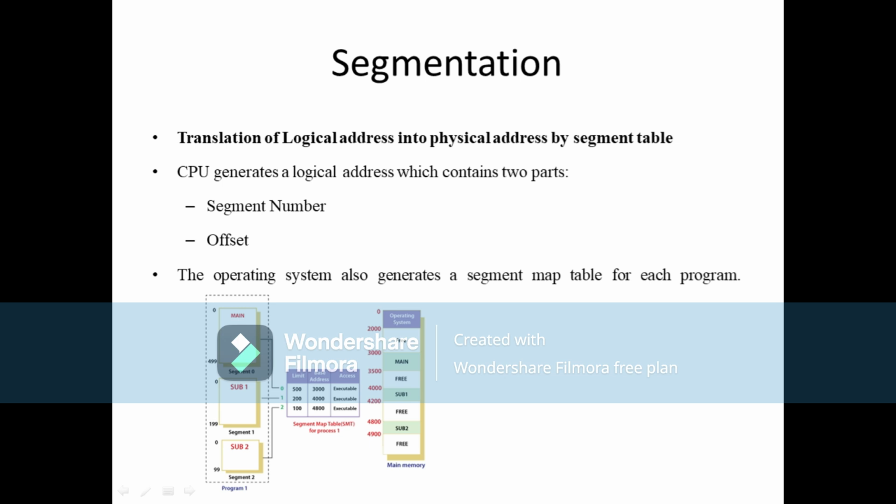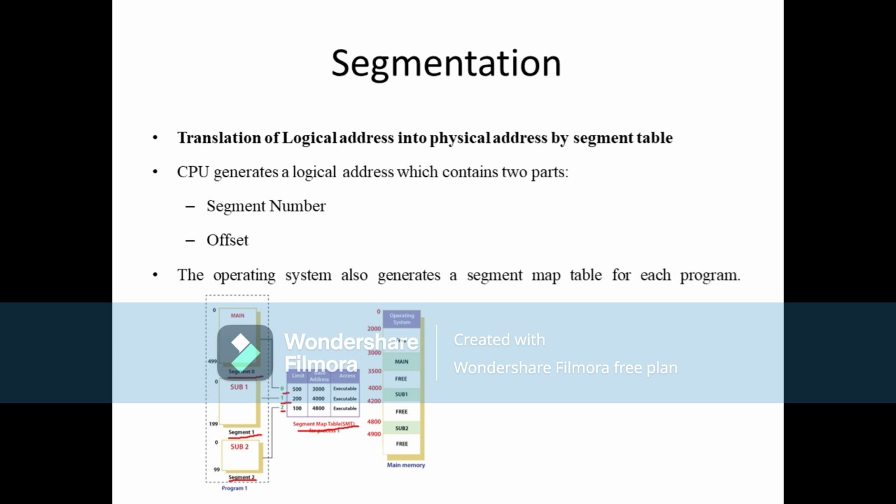So here you can see in this diagram, this is our main program, which is segment 0. Then this is our function sub1, which is segment 1. And this is our function sub2, which is segment 2. Now these segments are mapped to the segment map table.